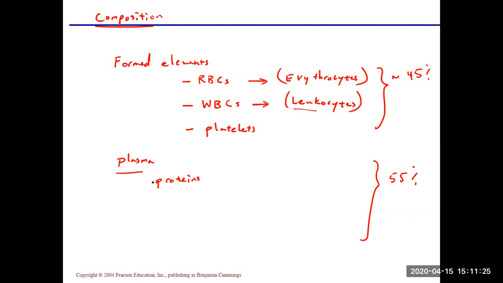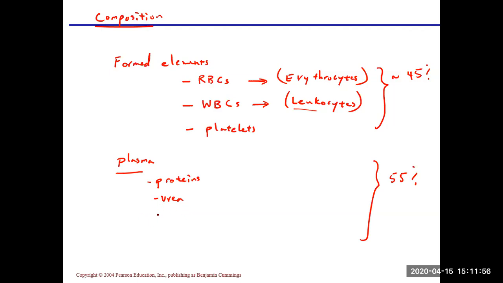There are a lot of proteins, and a lot of these proteins are made in the liver. There are also some substances that are not protein, some waste products like lactic acid and urea. Usually those are the waste. Creatinine too, but urea is the most important one.